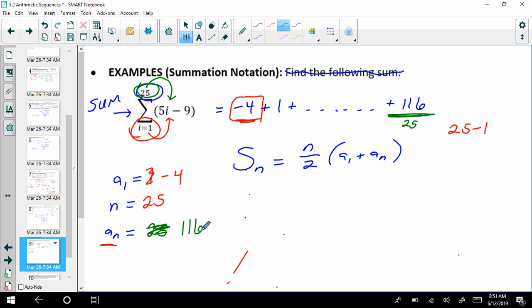So the 25th number is 116. So now let's find the sum of these 25 numbers. Okay, if we were to do that simplifying in the calculator, what you should get out for your sum is 1,400.